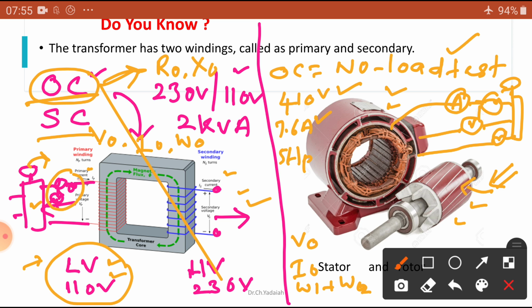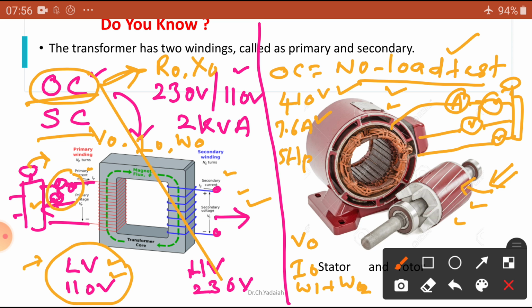From the OC test, our aim is to find the no load losses, friction and windage losses, core losses, copper losses of the stator, and no load power factor; R0 and X0 we are going to calculate in the no load test on the induction motor.